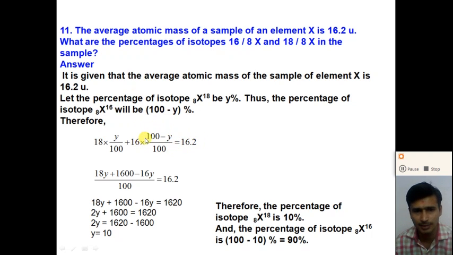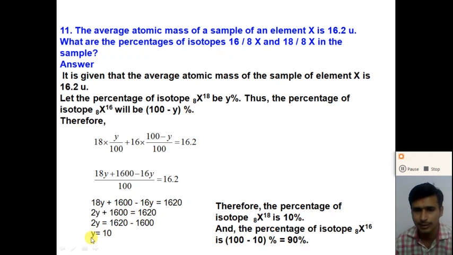If you multiply this, we get 18Y plus 1600 minus 16Y, divided by 100, is equal to 16.2. Taking the 100 to the other side, 18Y plus 1600 minus 16Y is equal to 1620. So 18Y minus 16Y, that is 2Y, plus 1600 is equal to 1620.